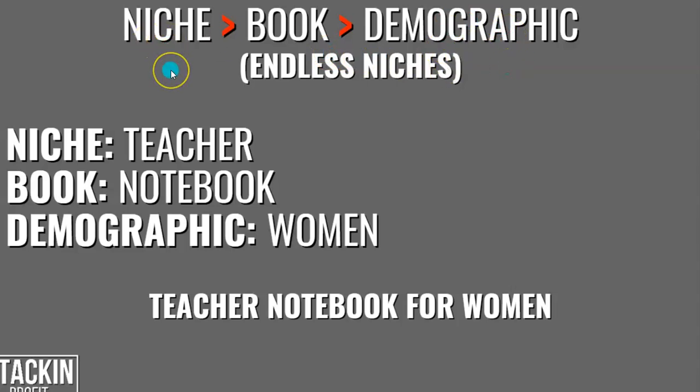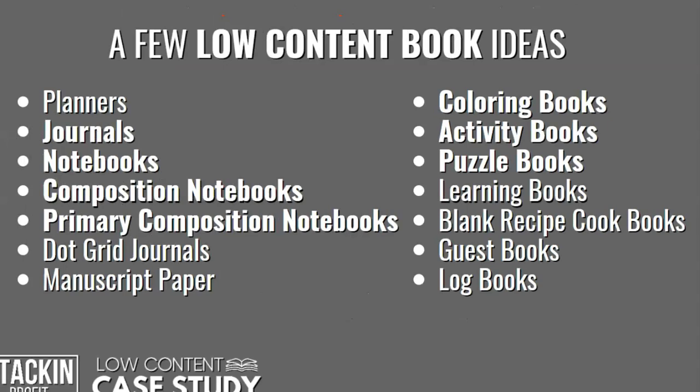So with niches, niches are absolutely everywhere. And most niches fall under the book types which I'm about to share with you. Now, what I've gone ahead and done is got a few low content book ideas just here. I've made in bold the books where this strategy works the best with.